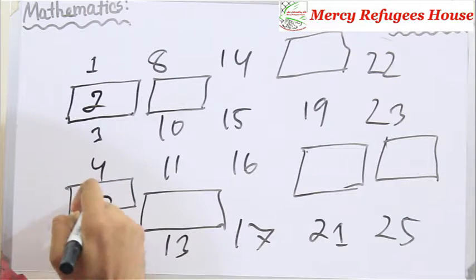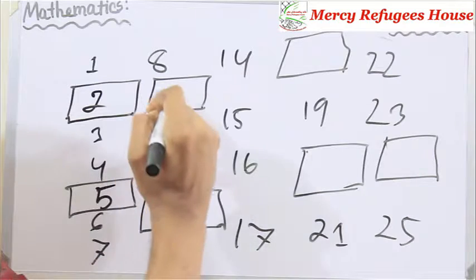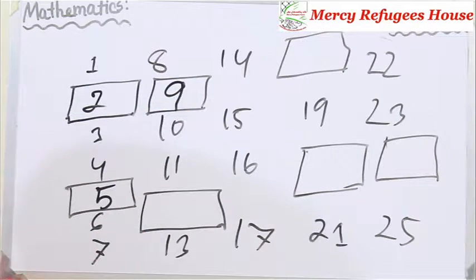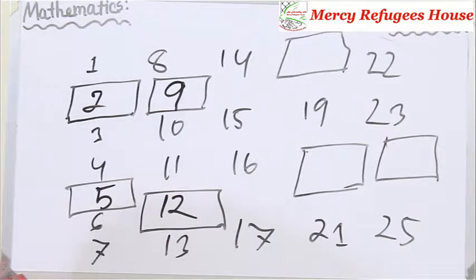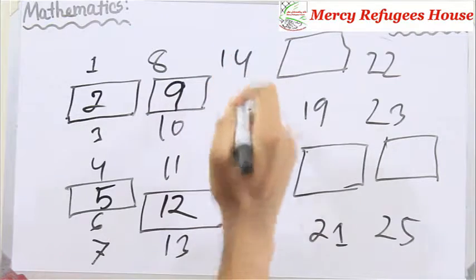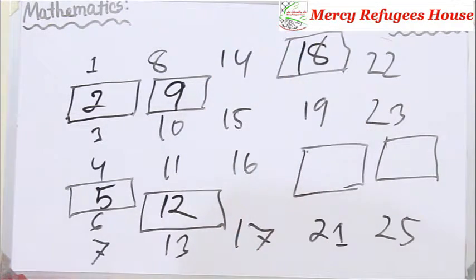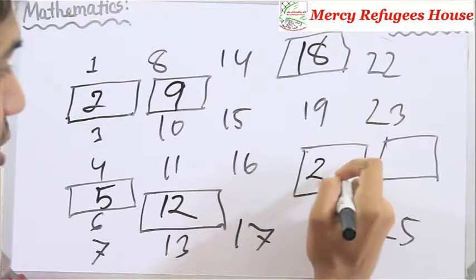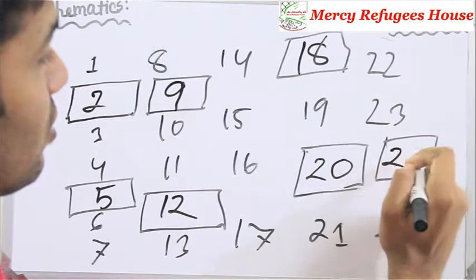The student should be able to write 5 here. Then what comes after 8? The student should be able to write 9 here. Then what comes after 11? The student should be able to write 12 here. Then 14, 15, 16, 17, the student will write 18 here. Then the student will write 20 here. The student will write 24 here.